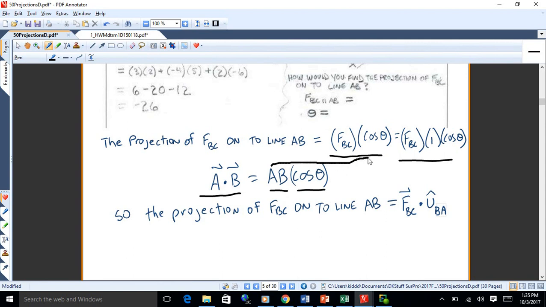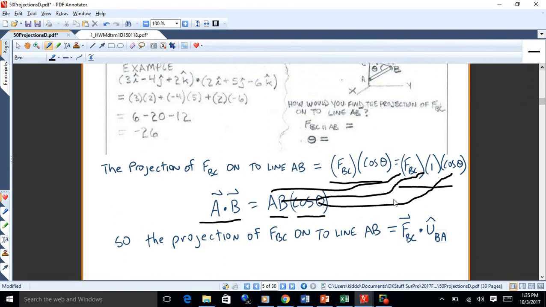We could use A as FBC. We've got cosine theta and cosine theta. That's all good. The one little problem is B, because what B would line up with would be the number 1 right there. So we can't use the full vector B, which in this case would be the length of that strut we're projecting onto.